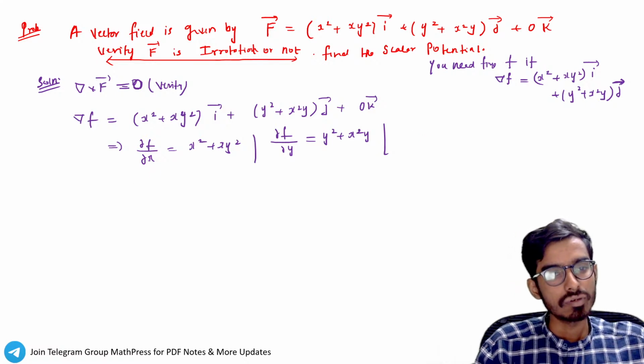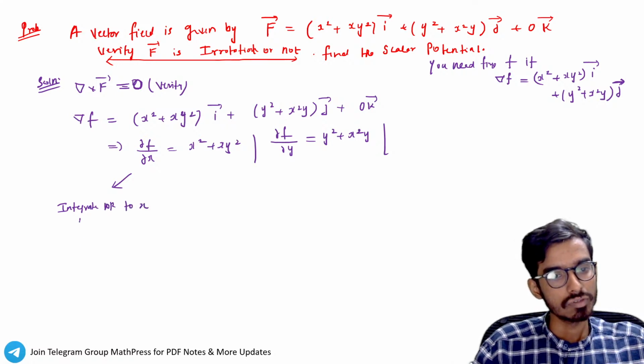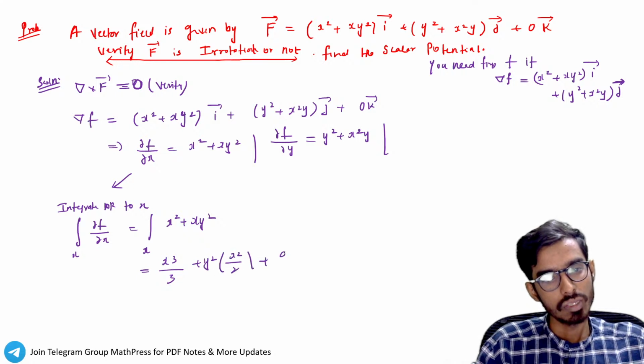So you just take this and integrate with respect to x. The integration of dou f by dou x with respect to x will be x cube by 3 plus x square y square by 2, plus some function of y.